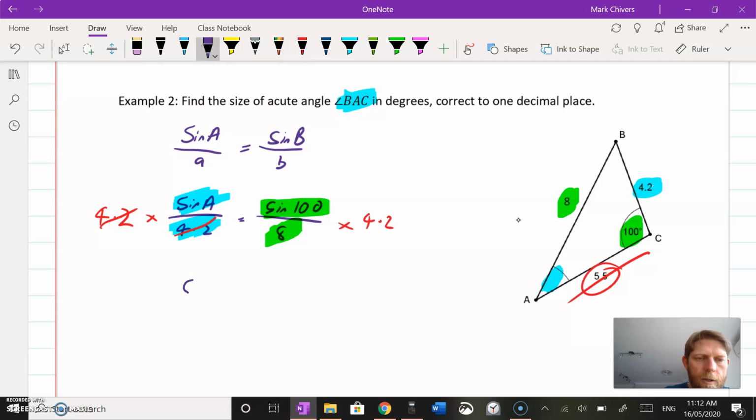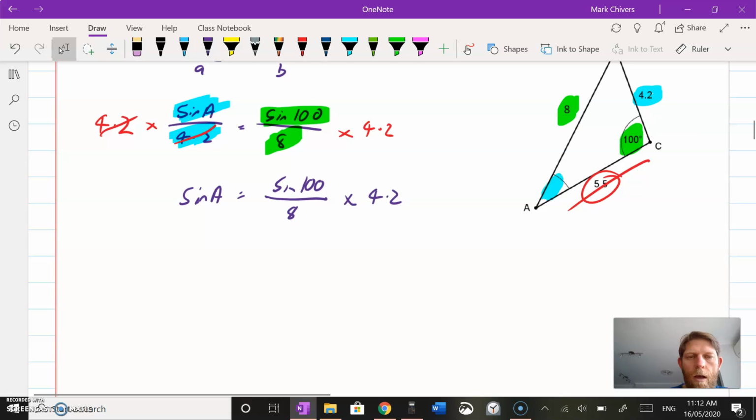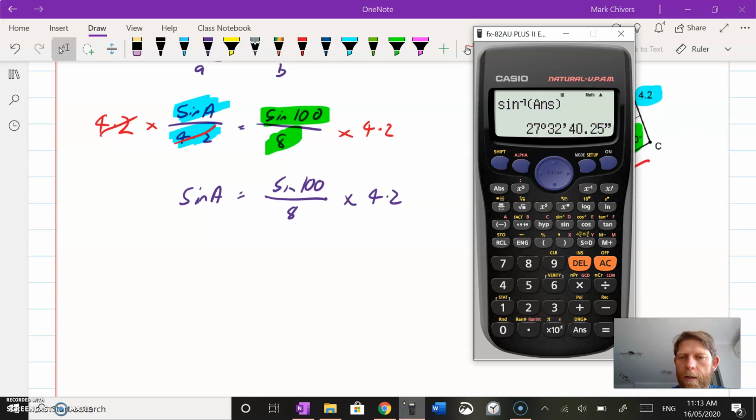So I'm going to end up with sine of A equals the sine of 100 over 8 times 4.2. Once again, we put that into our calculator. Sine of 100 over 8 times 4.2 is going to give me 0.517.